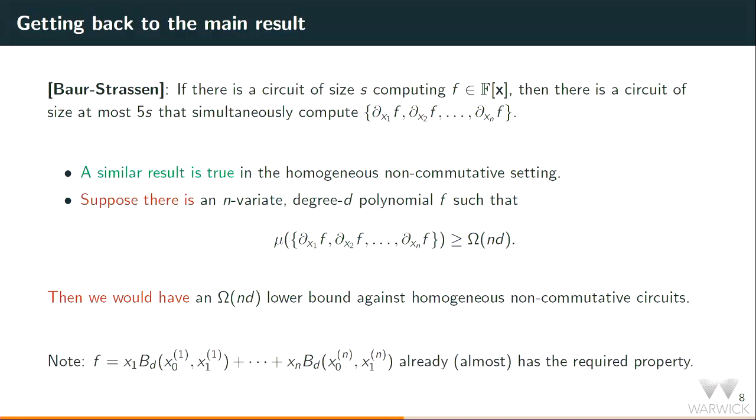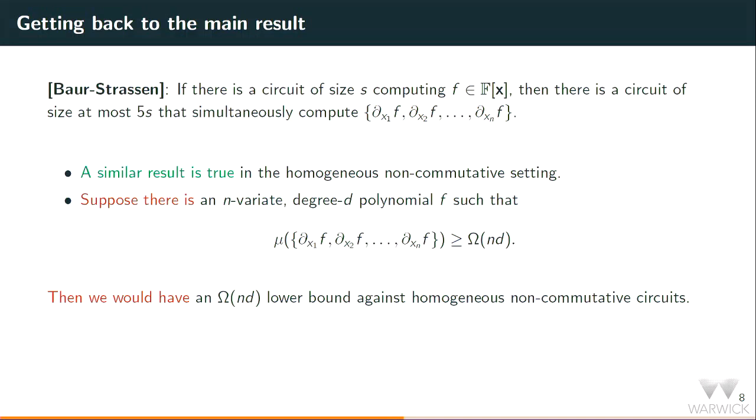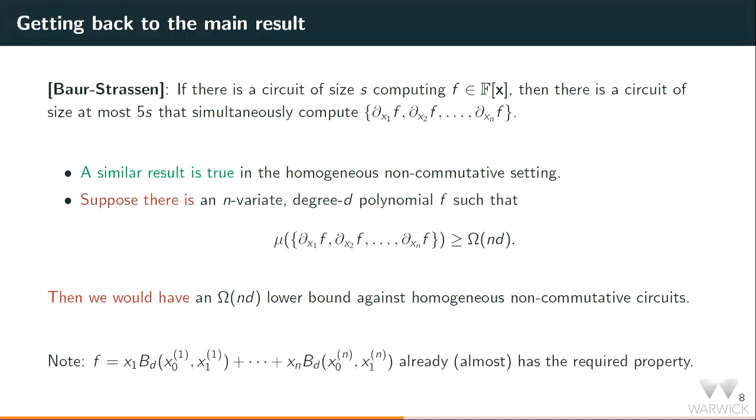And secondly, we want the other part, so that we need an n-variate degree d polynomial so that this happens. Now note that this slight variation of what we did earlier already almost has this property, except that we are going to lose a factor of log d, by the same reason that we had a d by log d for de Bruijn sequences.